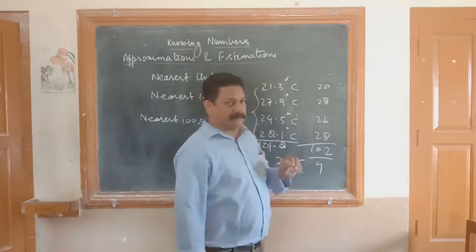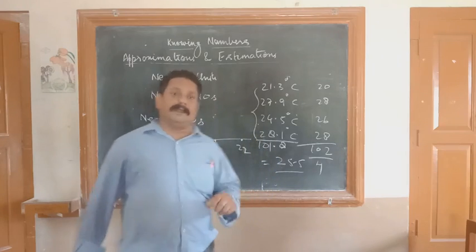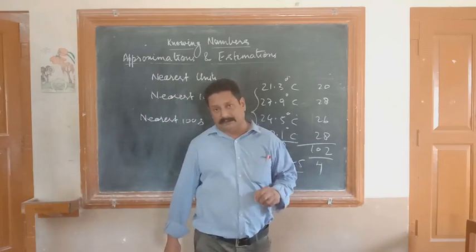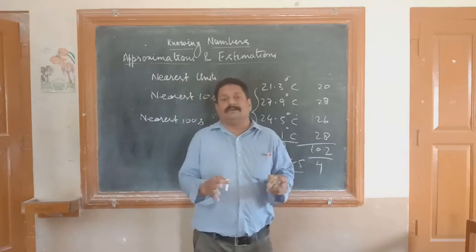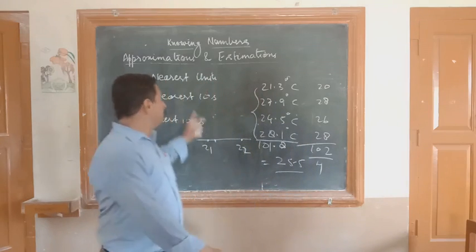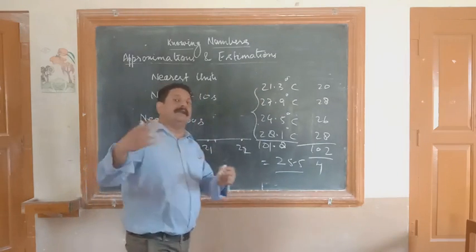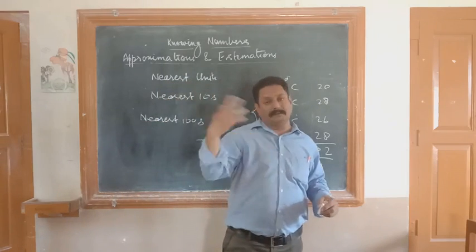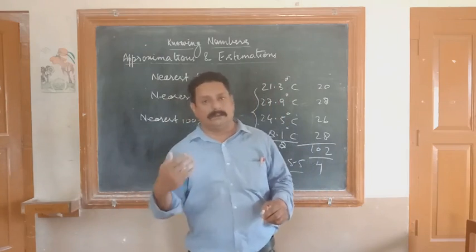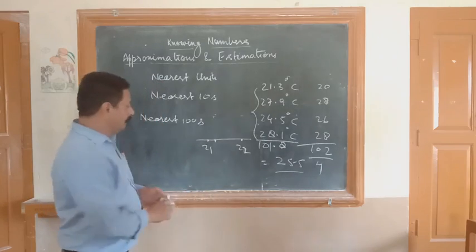So the process of estimating or taking the approximate value will always help us in developing precision in our calculations to avoid the situation of committing errors. So always remember, you can convert them into nearest units, nearest tens, nearest hundreds, and when you are dealing with numbers of very high magnitude, then you can convert them into nearest thousands or 10,000s or millions, whatever type of data you are analyzing.